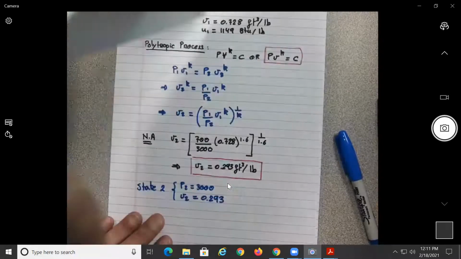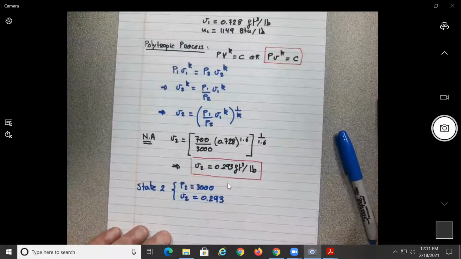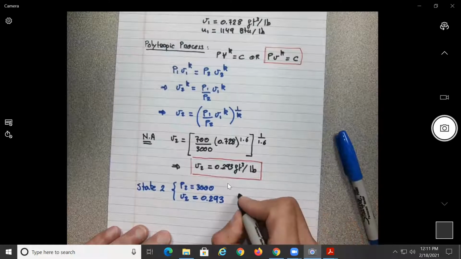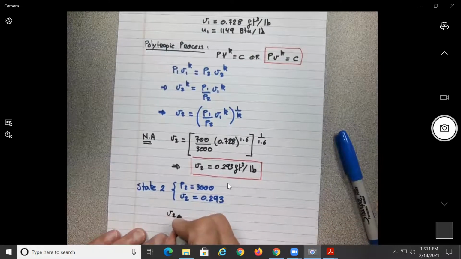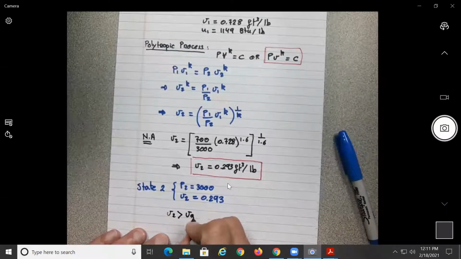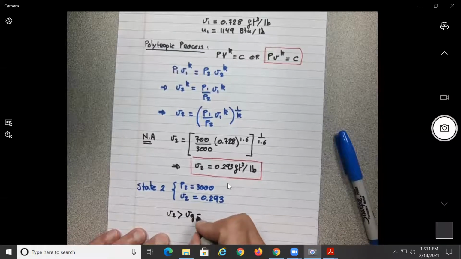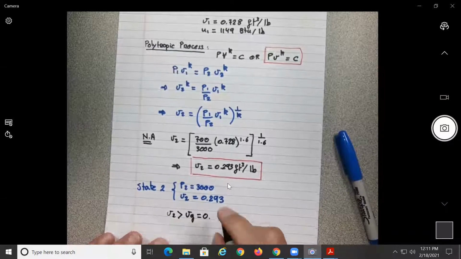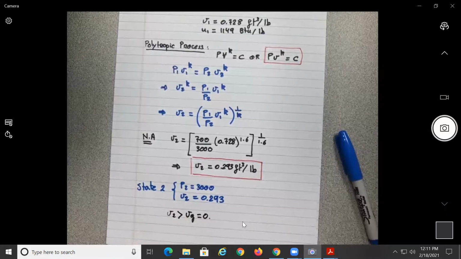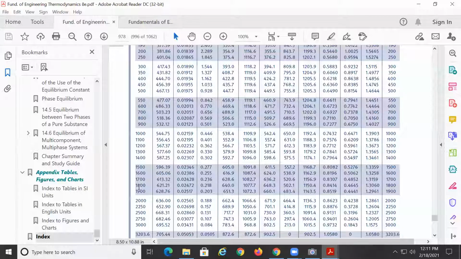But let me do a little bit more, not detail, but a little figure over here. So we know that V2 is higher than V gas, which was equal to what? 0.084, I think. V at 3000 is 0.084.